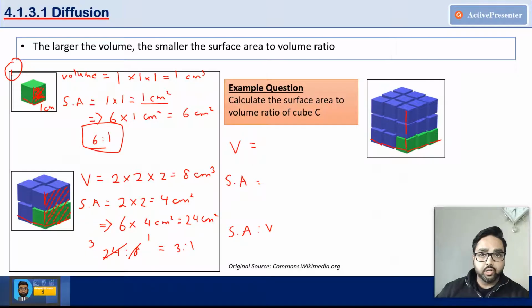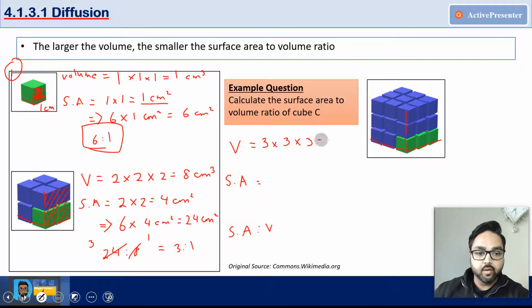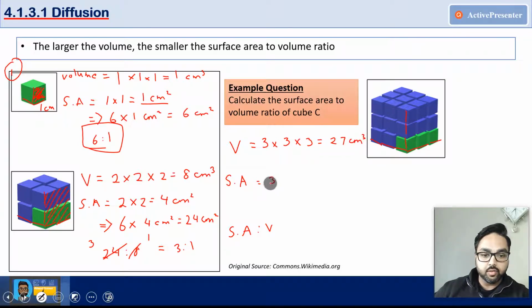So hopefully you've had a chance to work it out. Now, what you should have got is the volume of the cube is going to be 3 times 3 times 3, which is equal to 27 centimeters cubed. And then the surface area for this cube is going to be 3 times 3, which is the surface area for one side, which is 9.